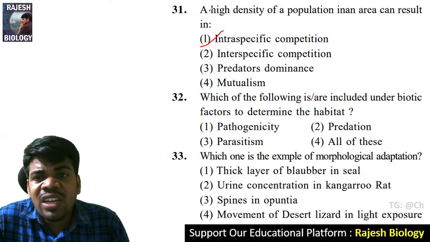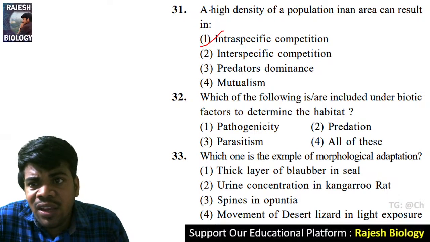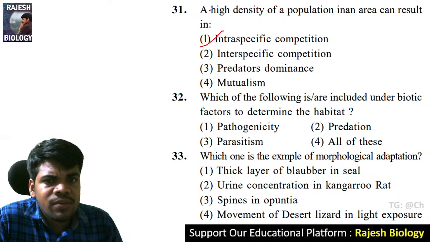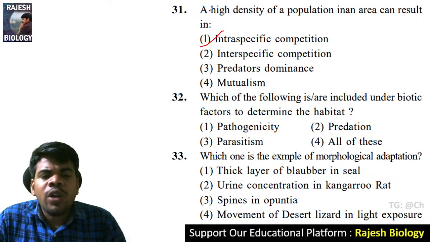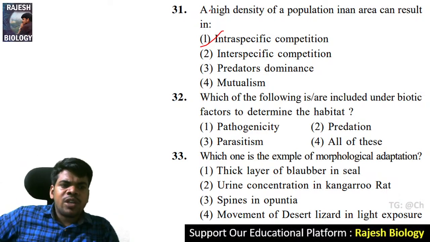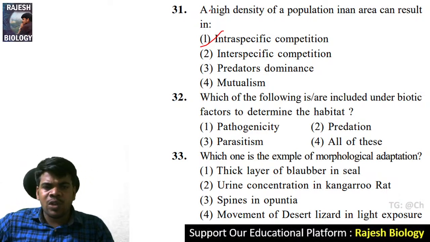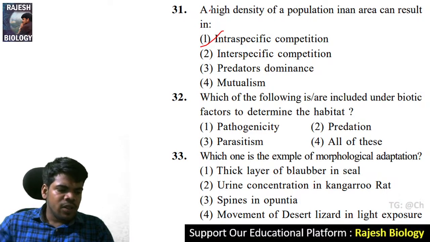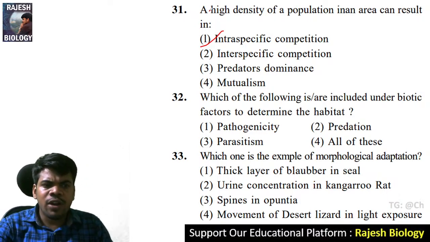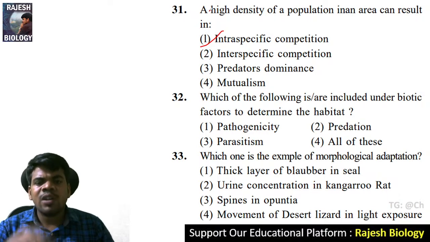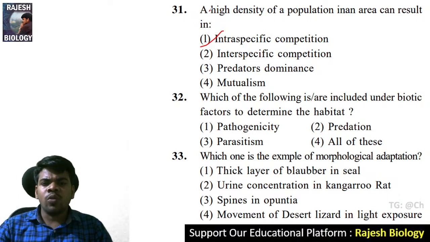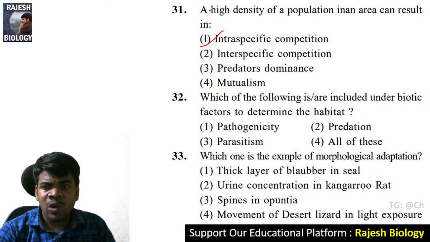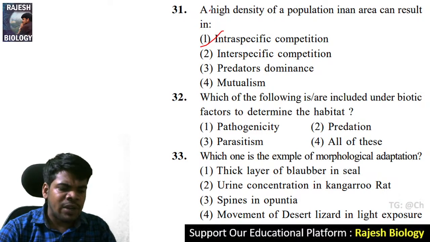A population is always of the same species; individuals of the same species together are called a population, right? So within that, if there is more density, intraspecific competition. Come to the 32nd question. Which of the following are included under biotic factors to determine the habitat?